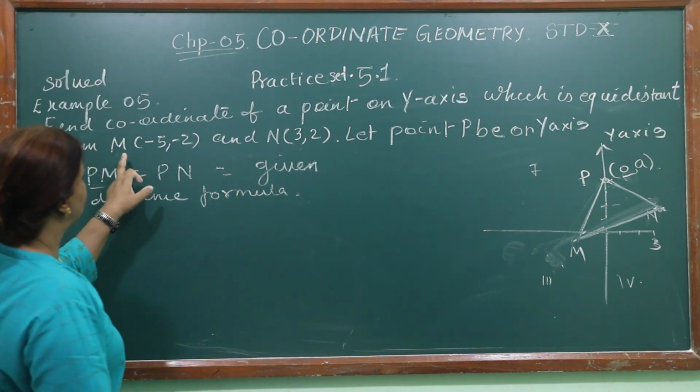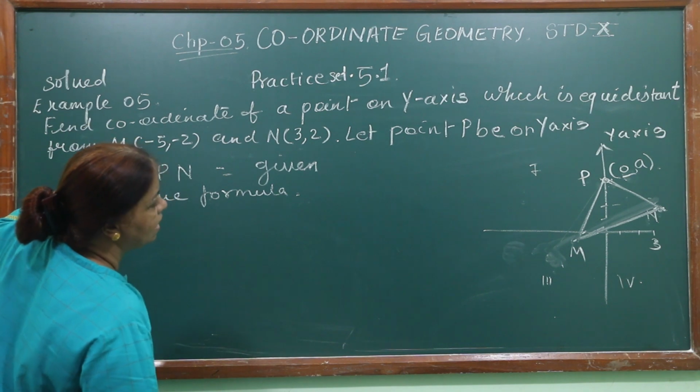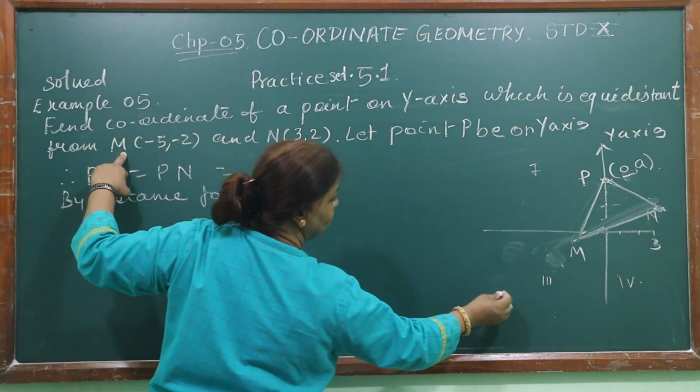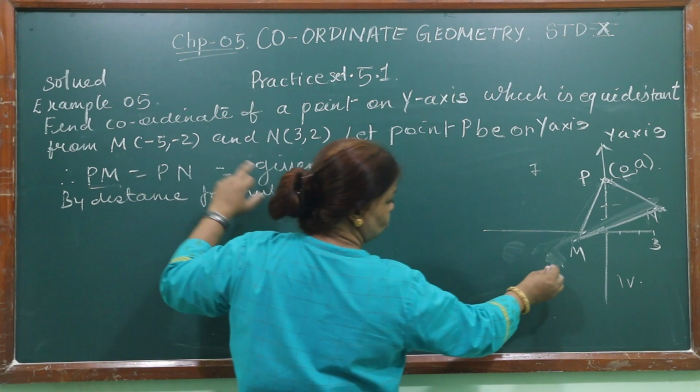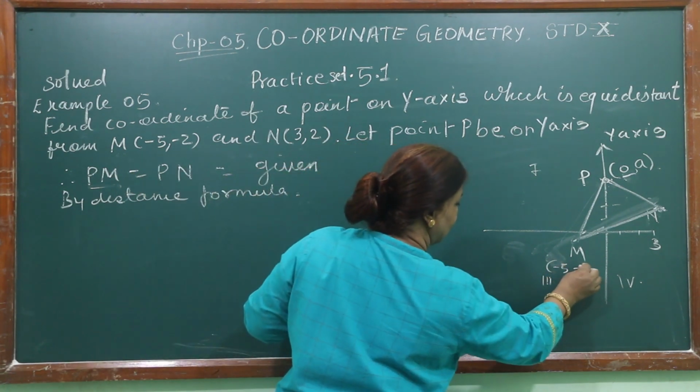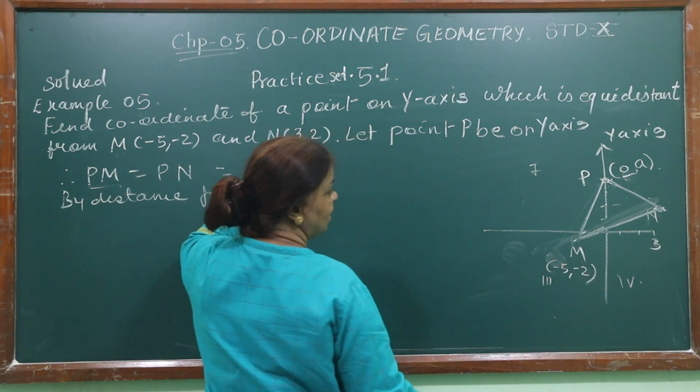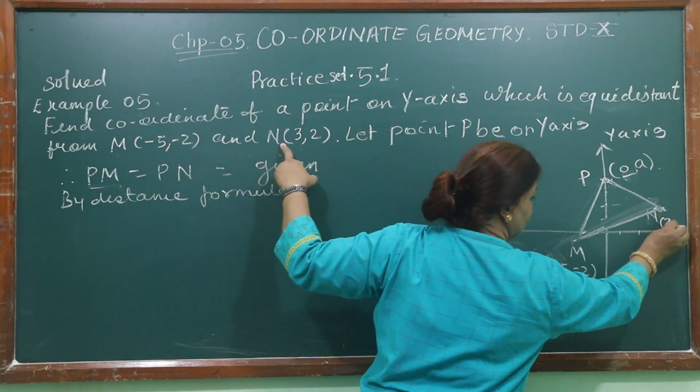So by distance formula, for PM, the coordinate P is (0, a) and M is (-5, -2), and N is (3, 2).